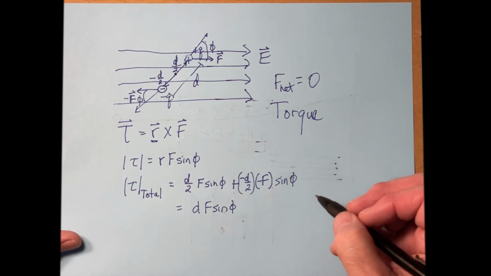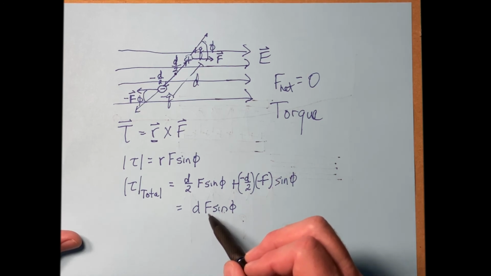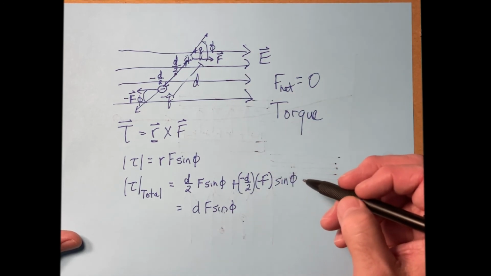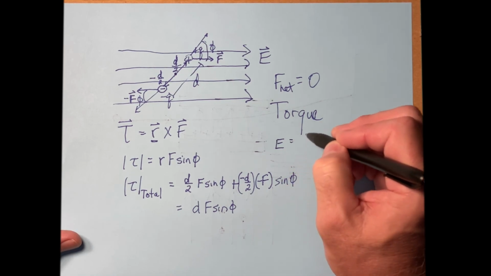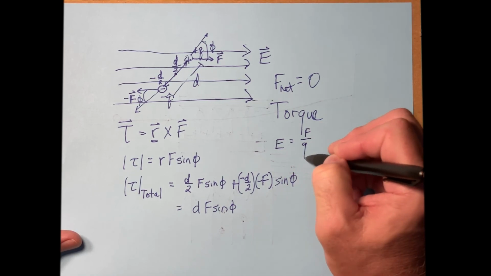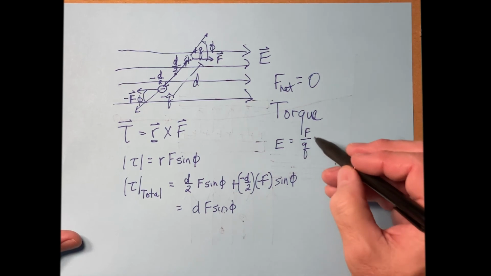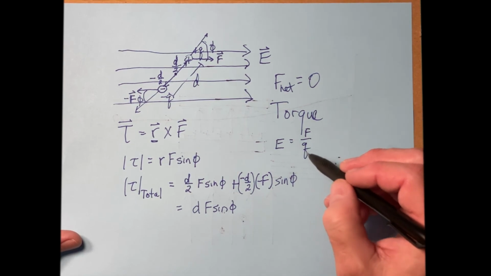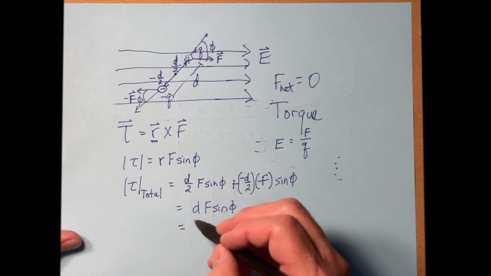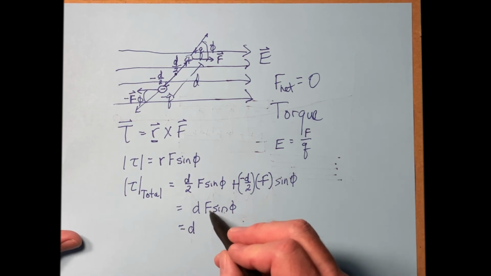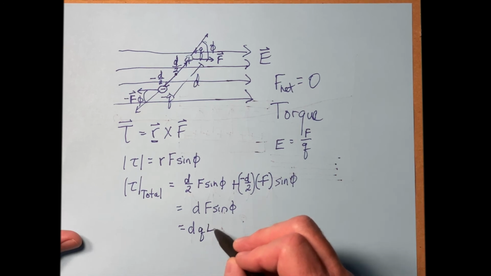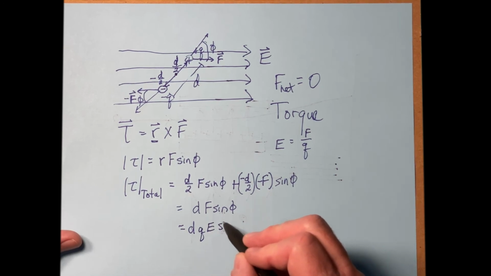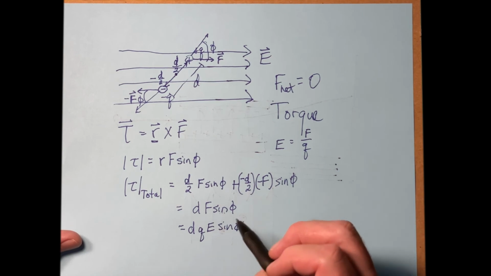All right? Now, the force in this case is due to the electric field. And we know that the electric field is defined as force per charge. So the force itself is going to be E times Q. So we can rewrite this as D, and this F becomes Q times E times the sine of phi.